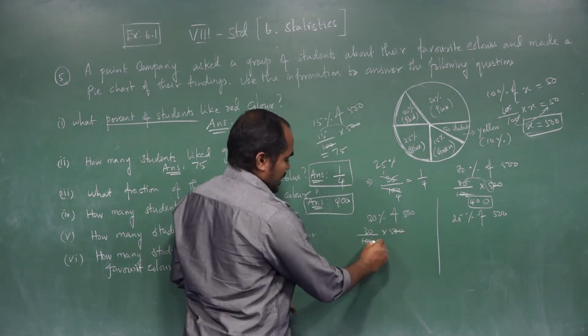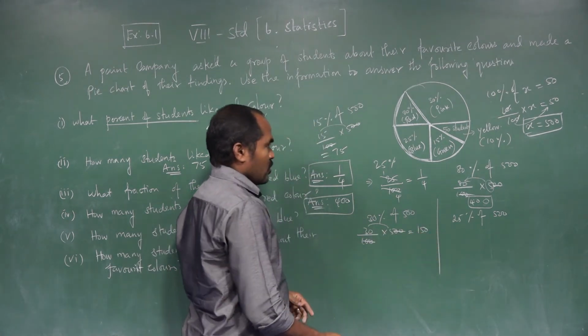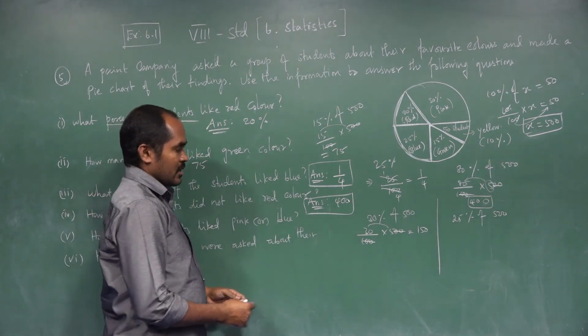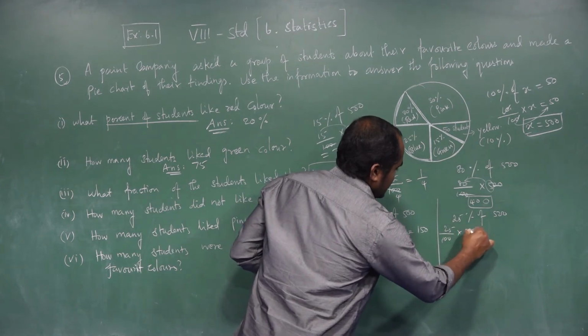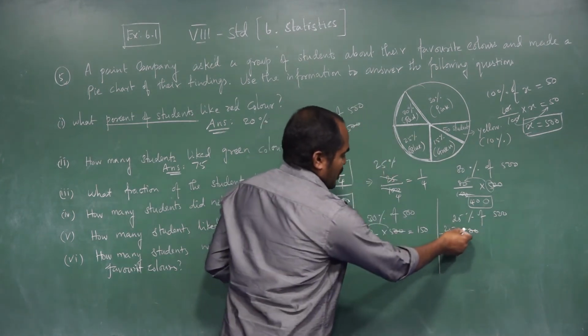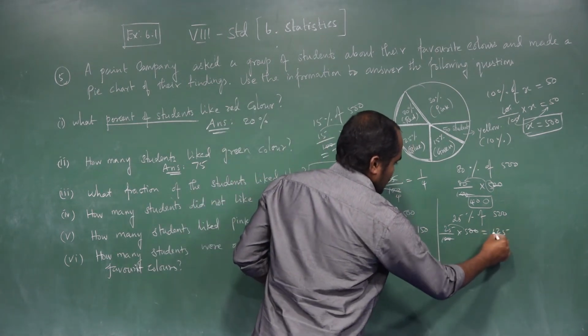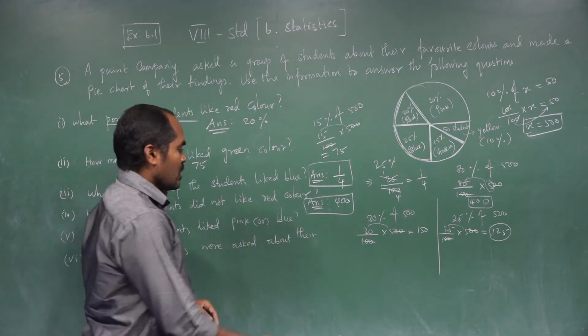Zeros cancel. 5 3s are 15, so this is 150. So 150 students' favorite color is pink. 25 by 100 into 500. Zeros cancel. 5 into 25 is 125. So 125 students' favorite color is blue.